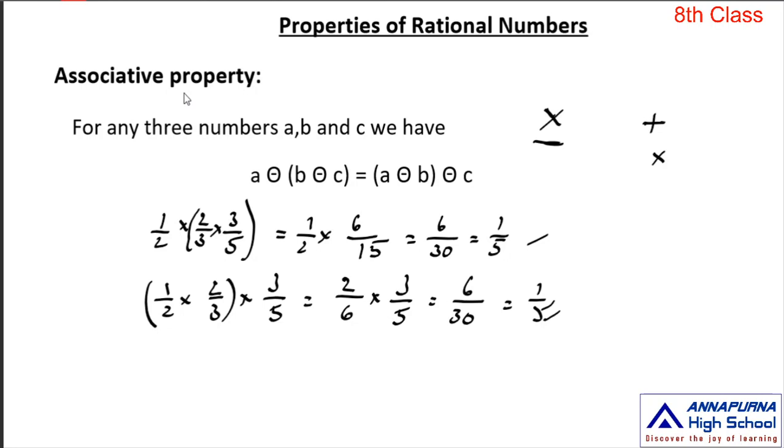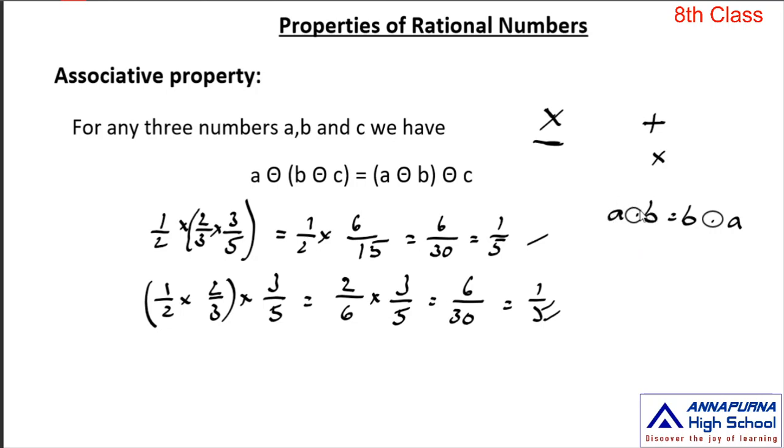And you remember, in commutative property, order of the numbers is important. In associative property, order of the fundamental operation is important. Okay, so commutative property says what? A dot circle B is equal to B dot circle A. Here we take only one fundamental operation, but here we change the order of the numbers.